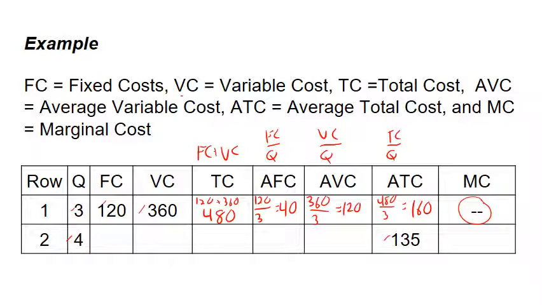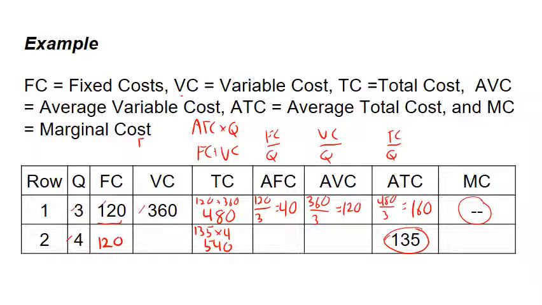Well, to fill in the second row, we're going to use the average total cost is 135. Total cost is fixed cost plus variable cost. It's also average total cost times Q. So 135 times 4 is going to give me a total cost of $540. I know fixed cost doesn't change, so if fixed cost is 120 when output is 3, it'll also be 120 when output is 4.